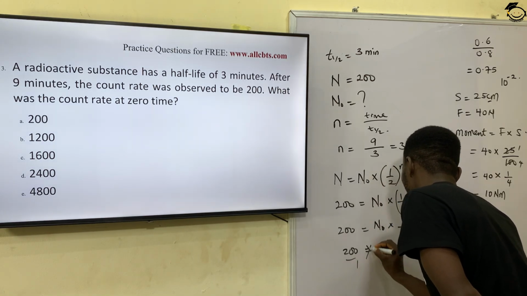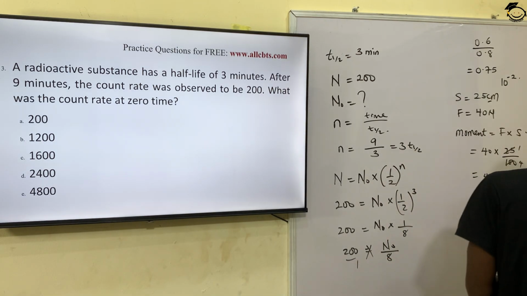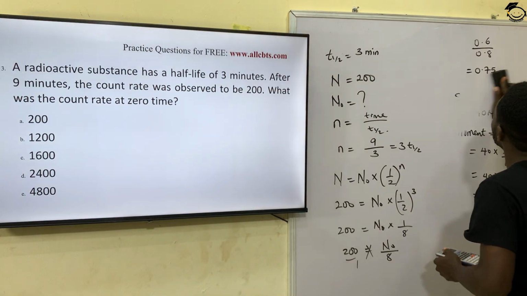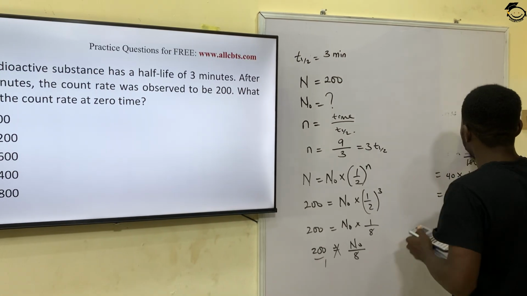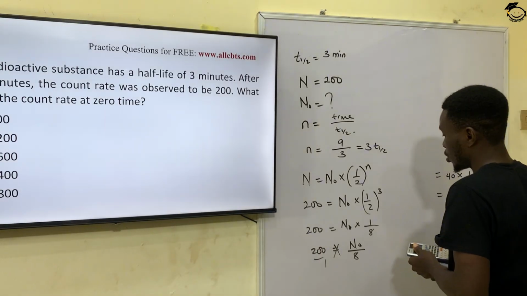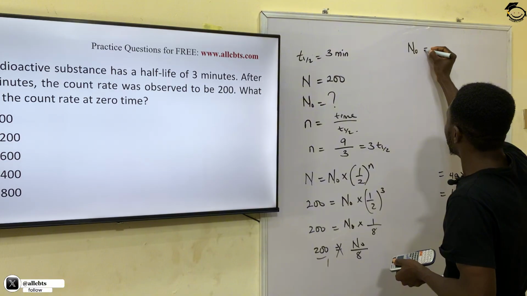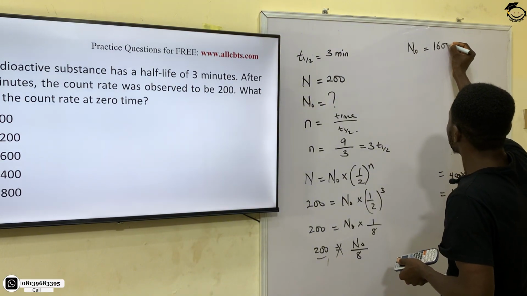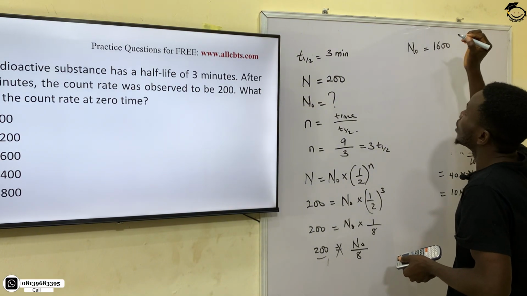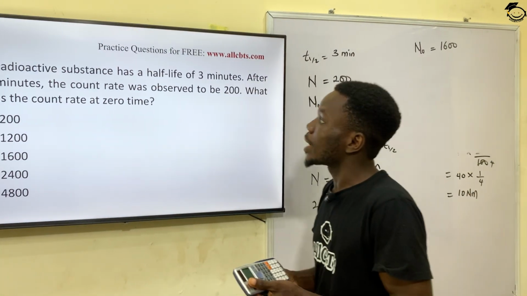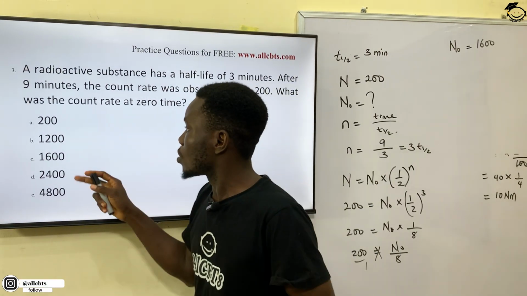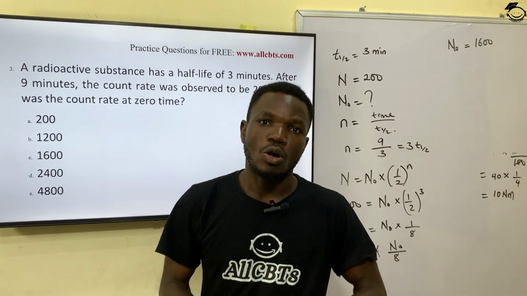So I'll cross multiply. And when I cross multiply, you realize that when I multiply 8 times 200, the count rate at 0 time is going to give me 1600. So at 0 time, my count rate was 1600, which is option C.